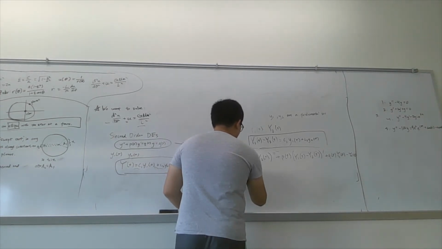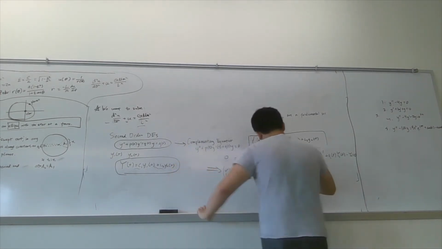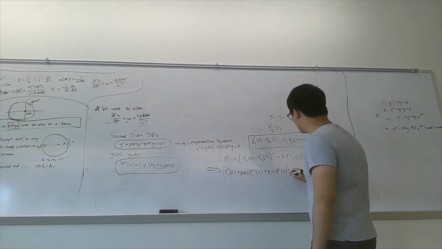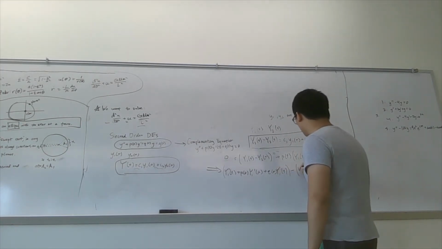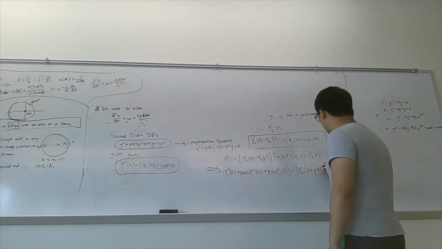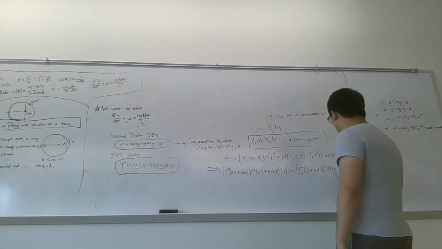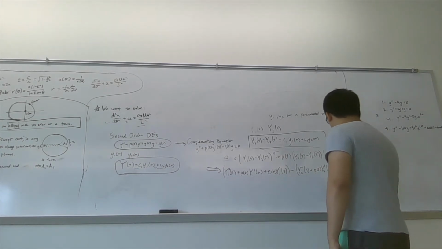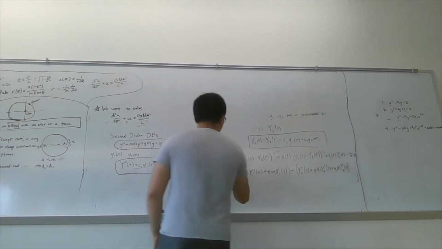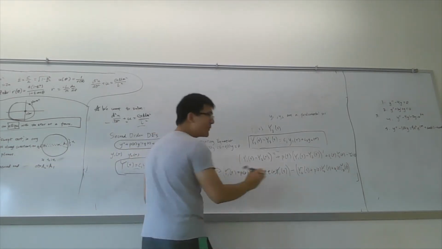And then just rewrite it as... sorry, we need to prove that this is a solution to the complementary equation. So this 0 should not be there in the first place.